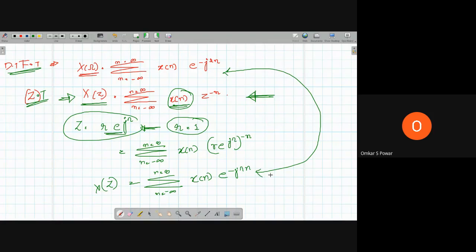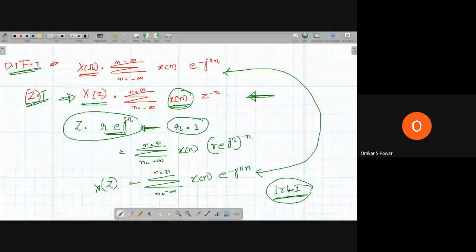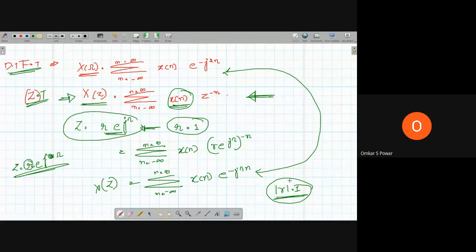So we can say that your Z transform is nothing but your Fourier transform with the magnitude of r equal to 1, which is nothing but your unit circle. If z is equal to r e power j omega, this is the polar form, where r is the radius. If I take r equal to 1, then it is a unit radius.